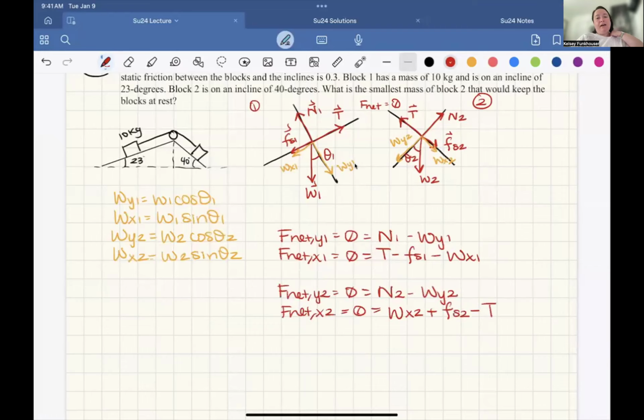Okay, so now what we're trying to find is the mass of block 2. And one thing we can do is, well, if we're looking at this equation for block 2, for example, we don't know the weight or the friction or the tension, but for weight and friction, the thing we don't know in there is the mass, and that's what we want to solve for.